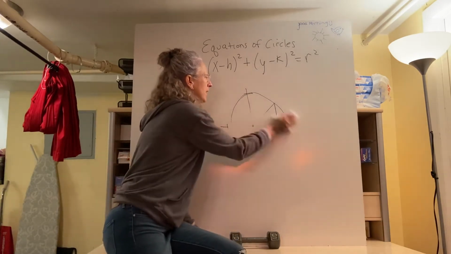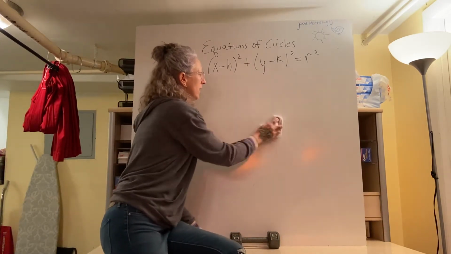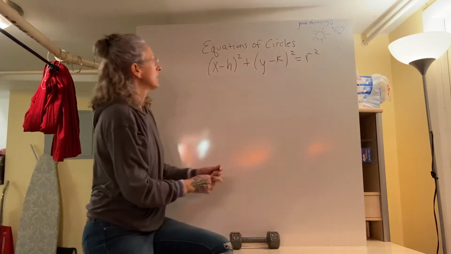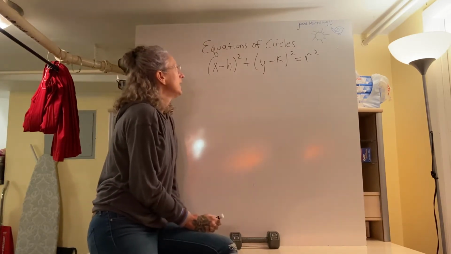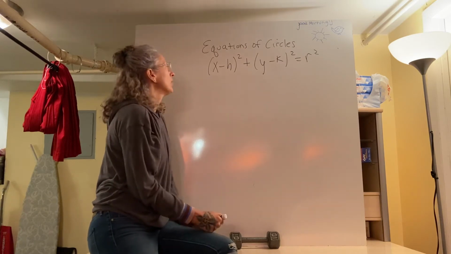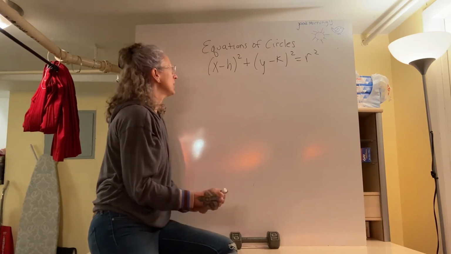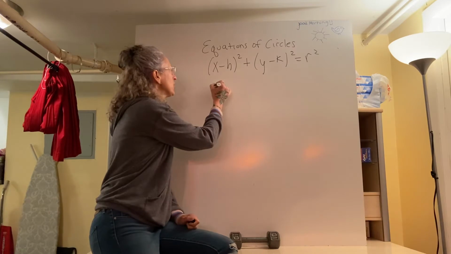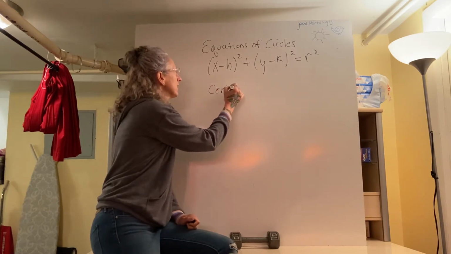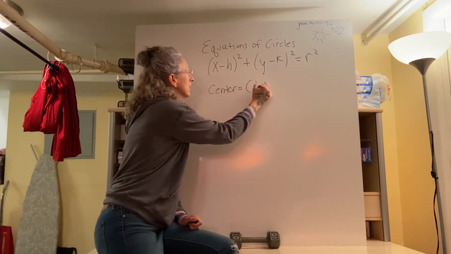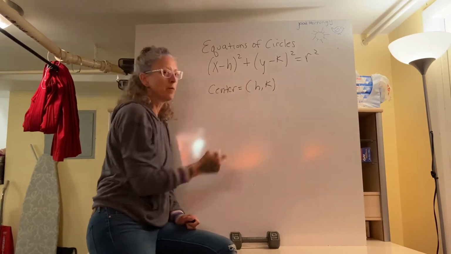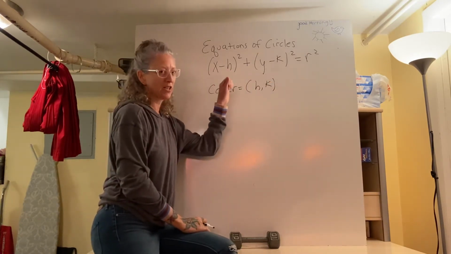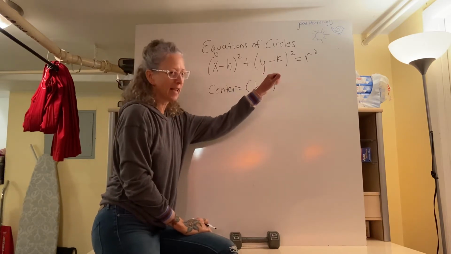So the equation of a circle looks like this, which looks a little daunting, but it's not that bad. The center of the circle is at (h, k). And if you notice, this formula says x minus h and y minus k.